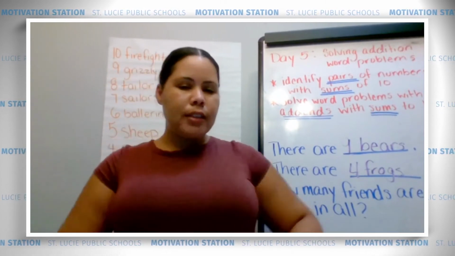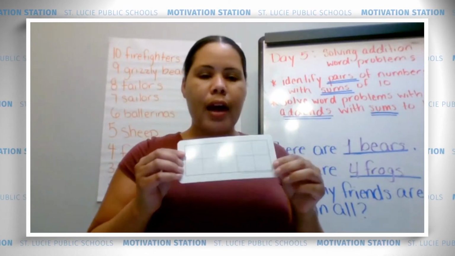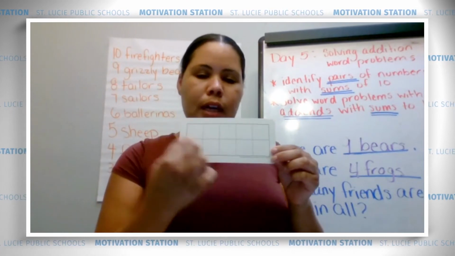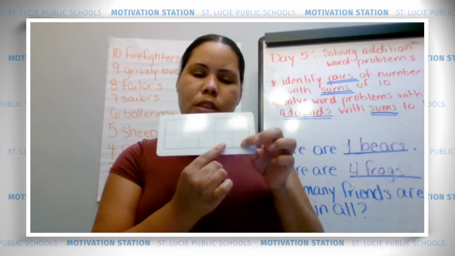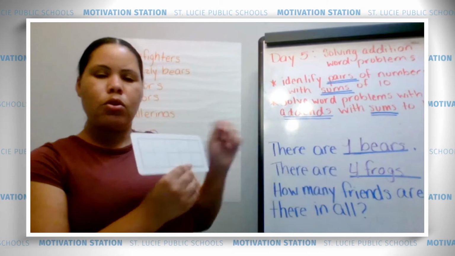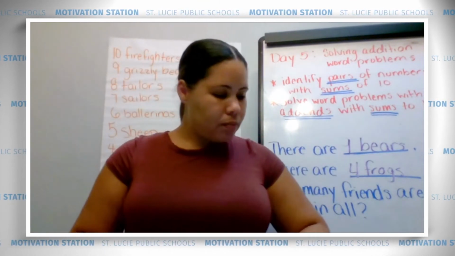Are you visualizing a 10 frame? If I know that I have 9 bears, when I put square tiles to represent those 9, there's only going to be 1 left to make 10. But we have way more than 1 frog, so I know my number is going to be greater than 10.